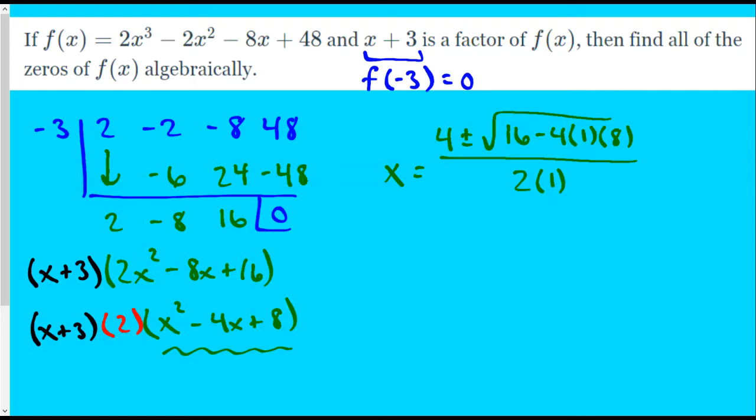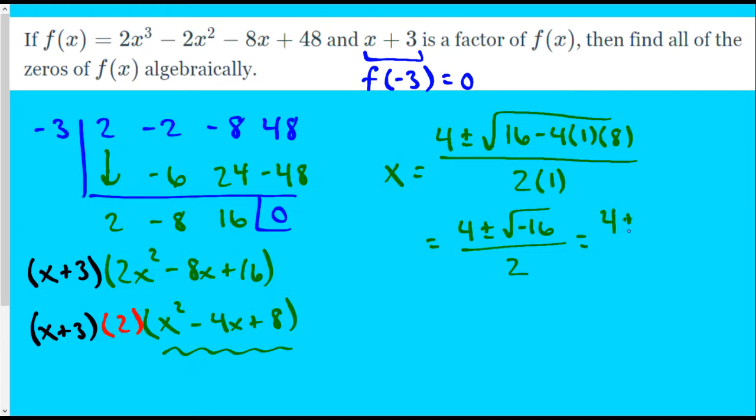or 2 times 1. So going through and doing just what's inside the square root, if I have 16 and I take away 4 times 1 times 8, that gets me a negative 16. So I have 4 plus or minus the square root of negative 16 all over 2. Well, the square root of negative 16 is really 4i.